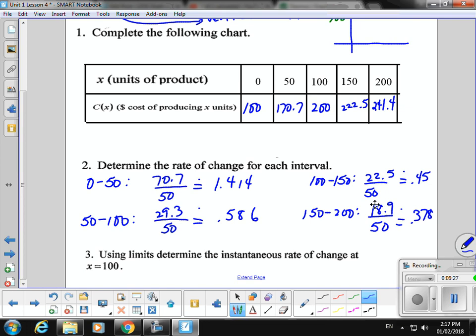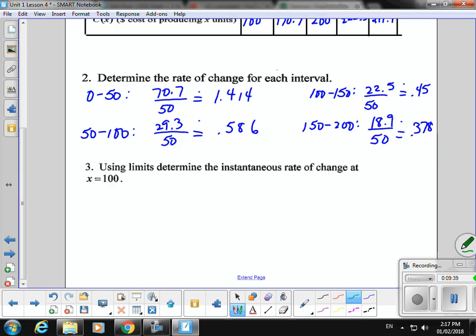We're going to look at the instantaneous rate of change at x equals 100. So how is the price changing at exactly that point? Okay, and we'll talk a little bit more about what that means in a second. I am looking for the limit as h approaches 0 for the function at 100 plus h, minus the function at 100, over h.